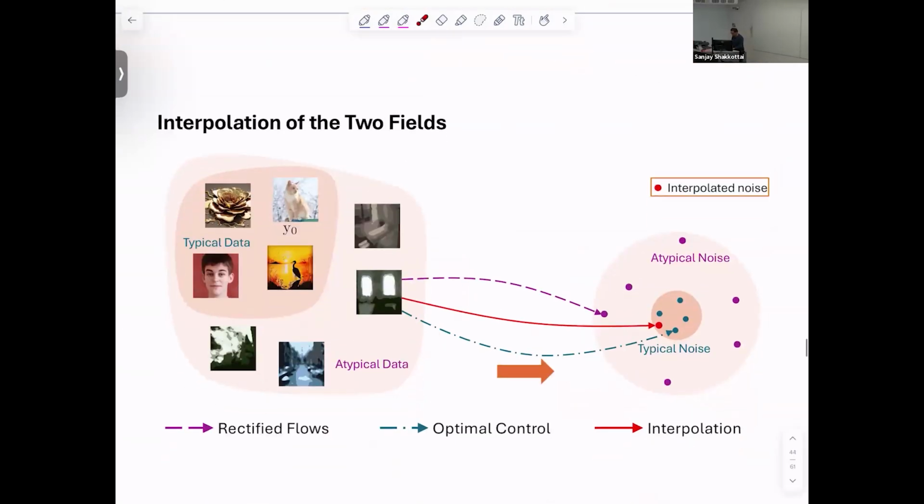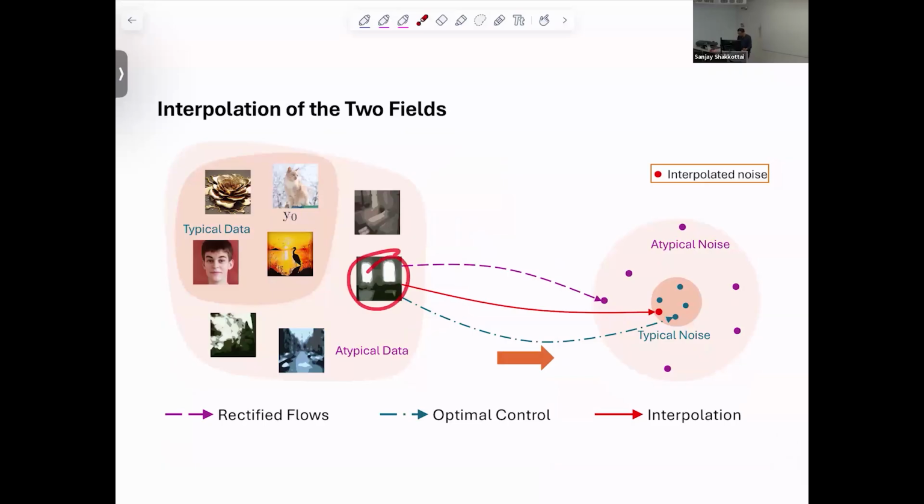We have this. So now we have got two fields for this image. We have got one which you have just learned to couple from here to here. We've got another which couples to, because of the rectified flow itself, some atypical point. What we'll do is interpolate between these two to move the resulting point to be somewhere between these two, so closer to typical, but hopefully capturing enough of the structure of the image itself.